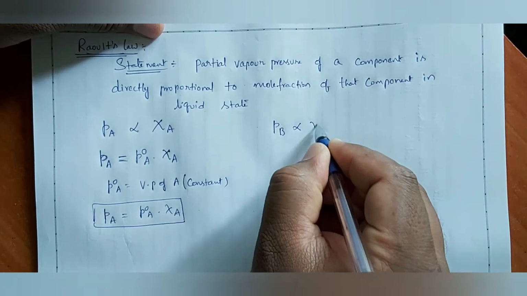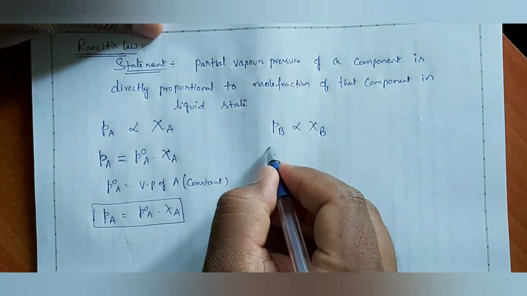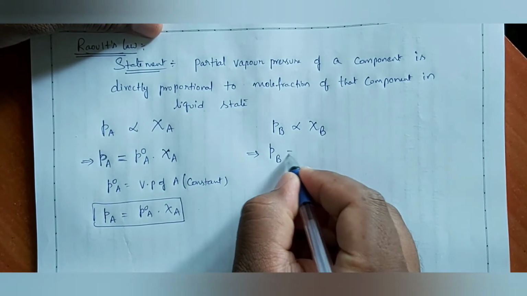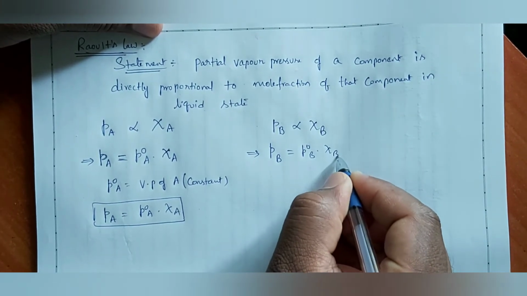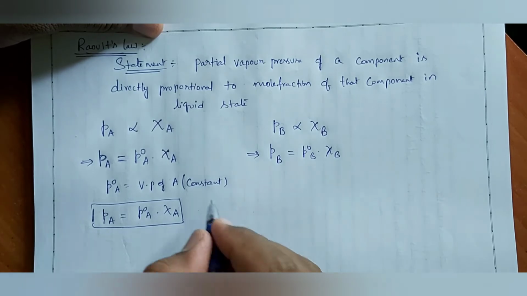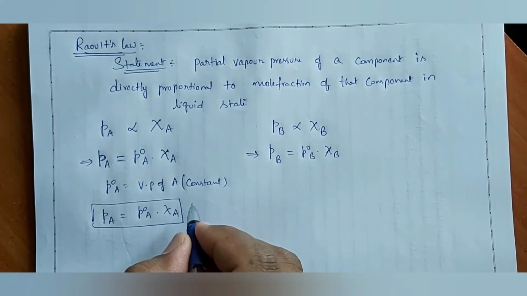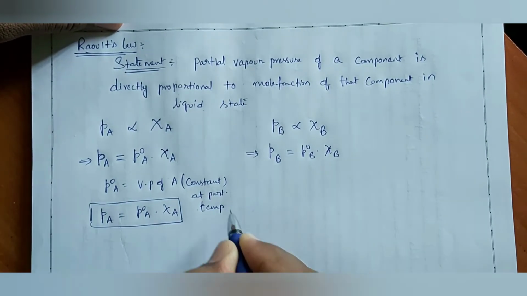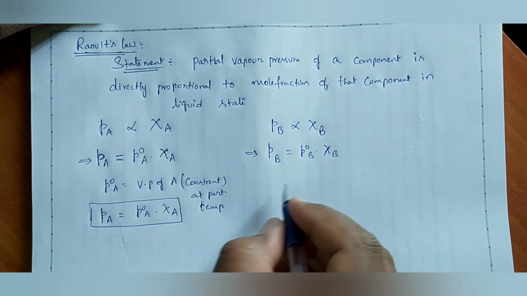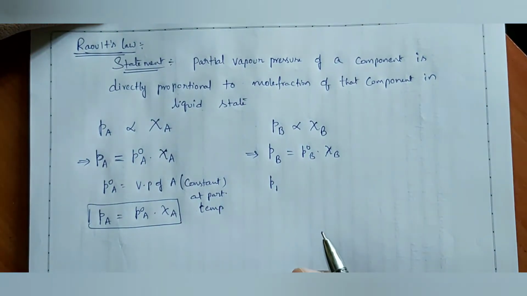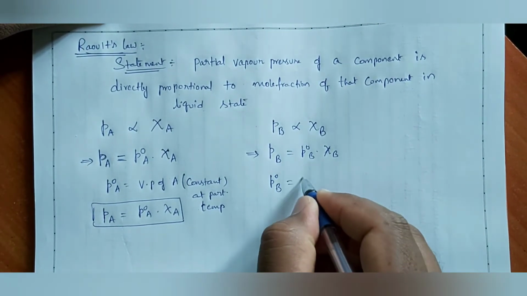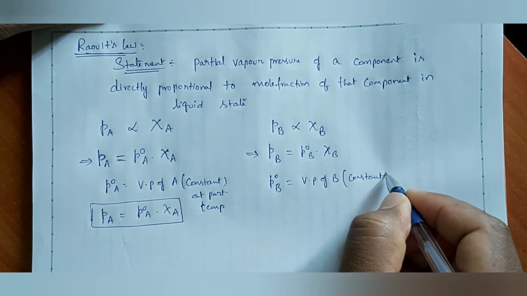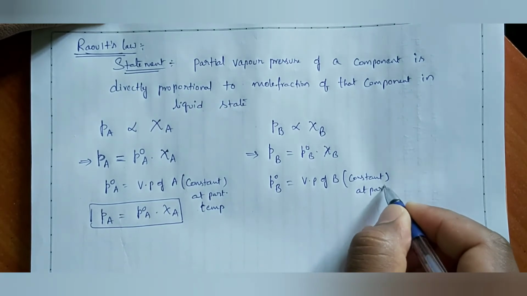Pb is directly proportional to mole fraction of B. This implies Pb is equal to P naught B into chi B, constant at a particular temperature, where P naught B is equal to the vapor pressure of pure B, which is a constant at a particular temperature.